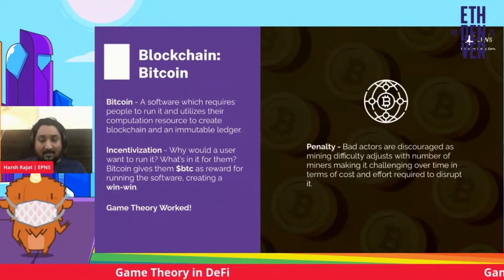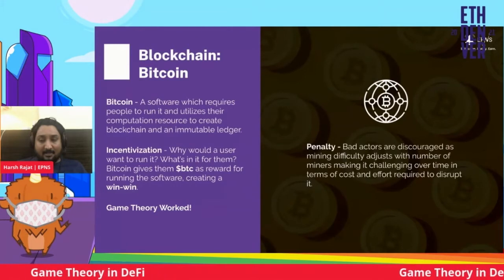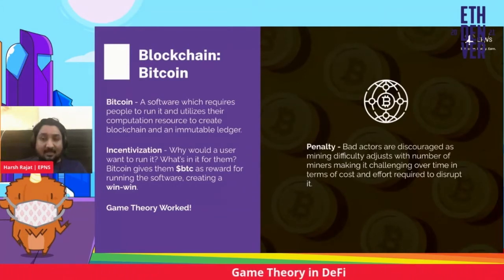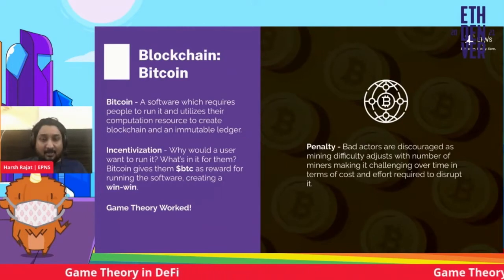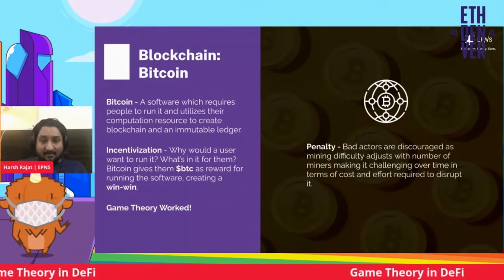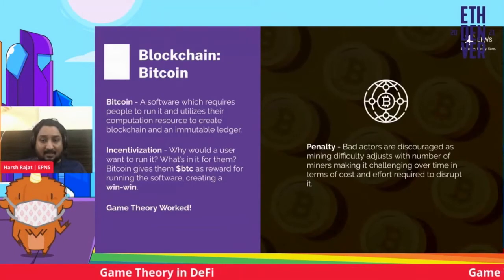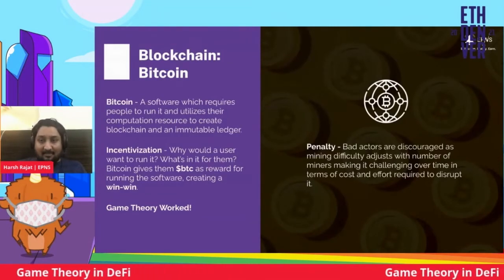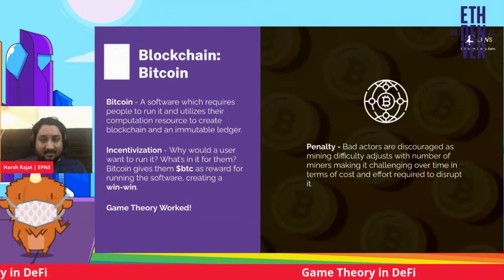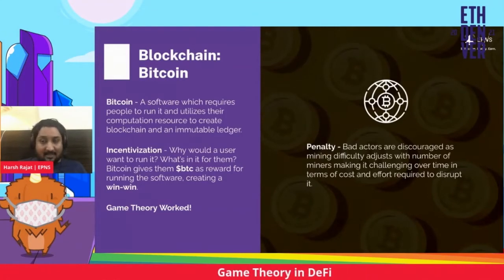But the software was so nicely done that as more and more people joined, the value of Bitcoin would probably go higher and higher. And with that, it was essential that the software becomes harder and harder to crack, and that's what mining difficulty does. So again, this is a game theory that has really worked well.